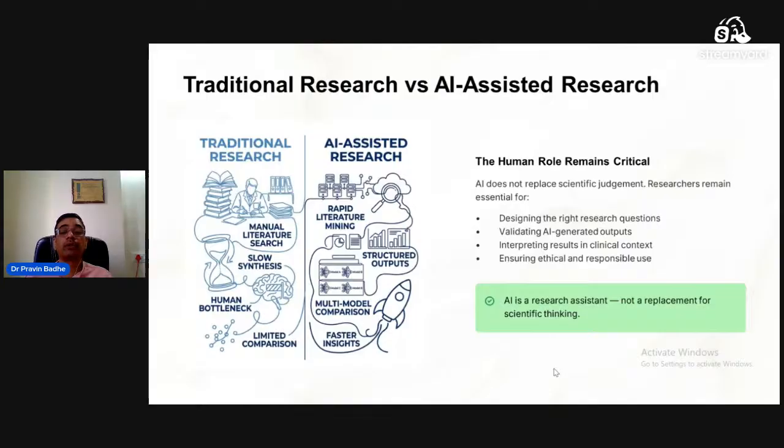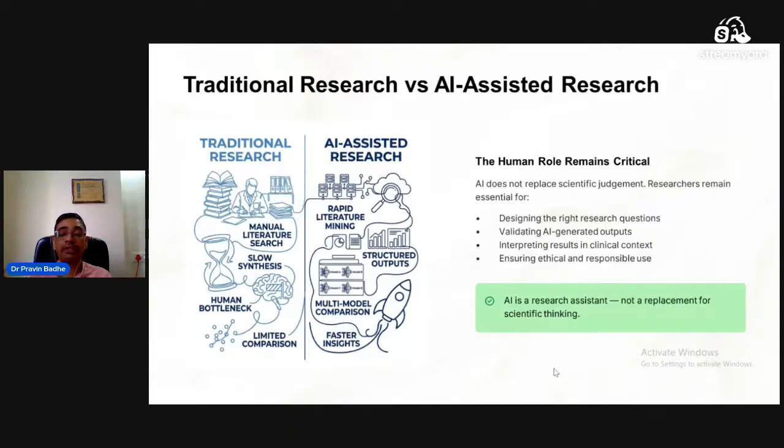Then for interpreting the results, you can use the research assistant, that is the AI, but the interpretation will always involve the human, in all parts of drug discovery and development, and also with the clinical context. Ethical and other regulatory responsibilities need to be handled by the researcher.